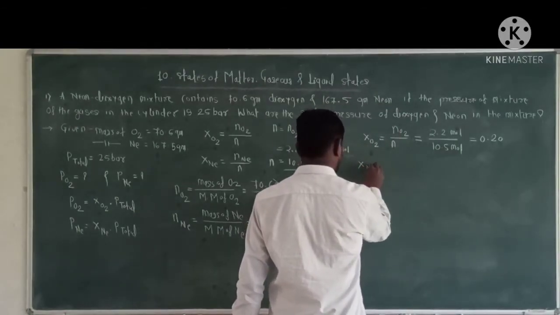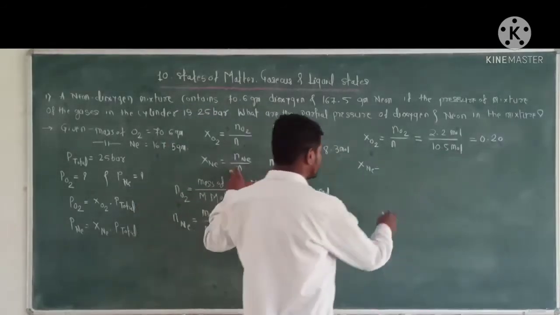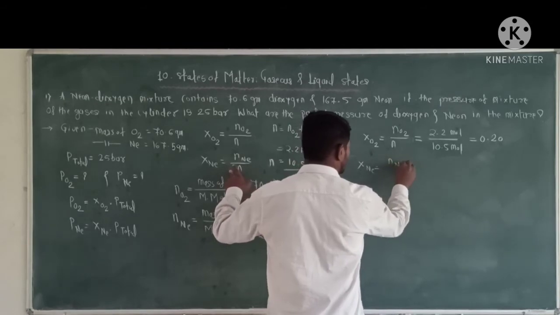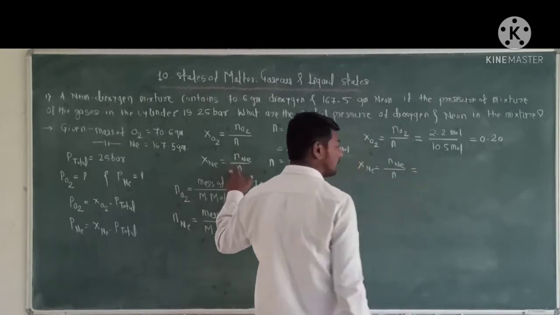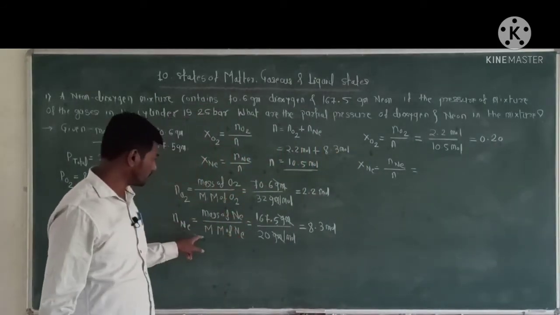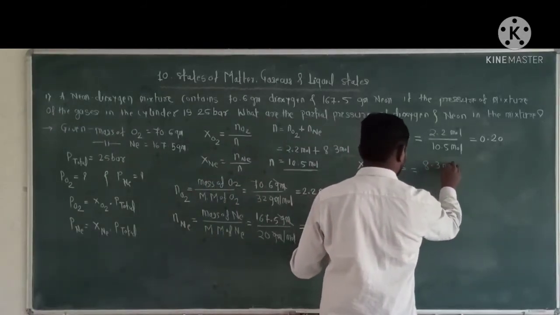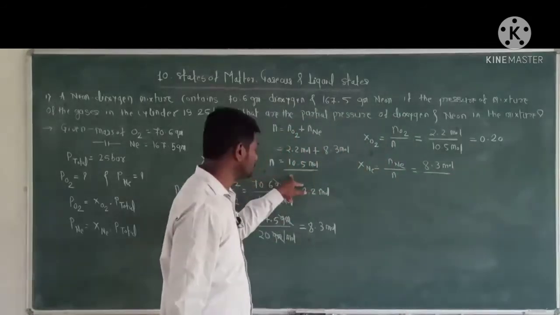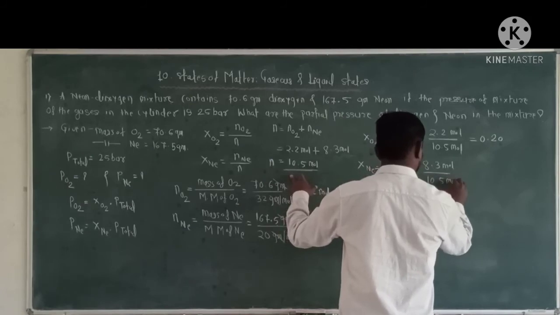Okay, now next, mole fraction of neon. The mole fraction of neon is given by the equation: X neon is equal to number of moles of neon divided by total number of moles. The number of moles of neon is 8.3 mole and the total number of moles is 10.5 mole.